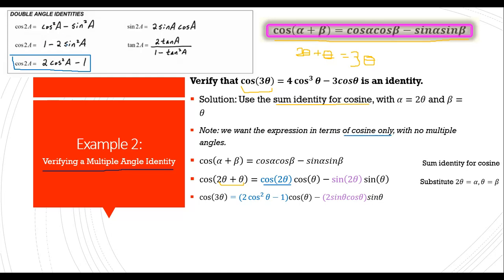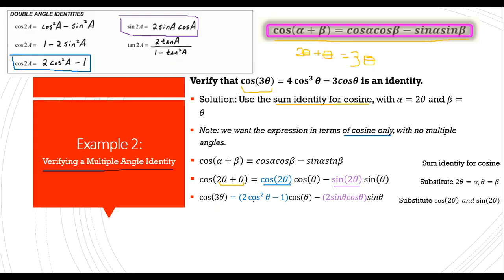This is cosine and sine, this is sine. I wanted in terms of cosine only. And additionally, sine of 2 theta, we only have 1 there. It's 2 sine theta cosine theta.